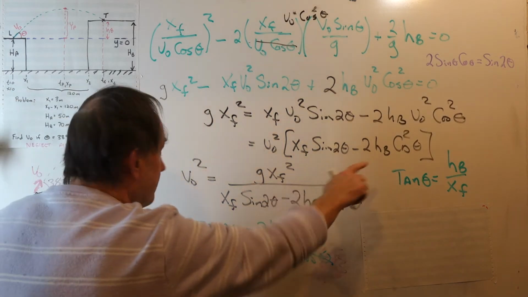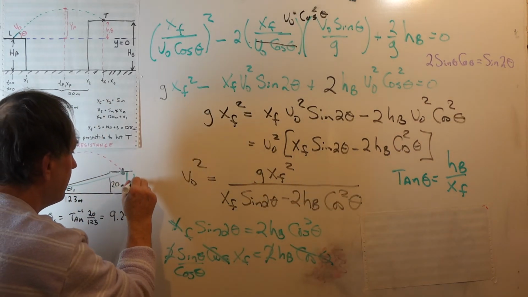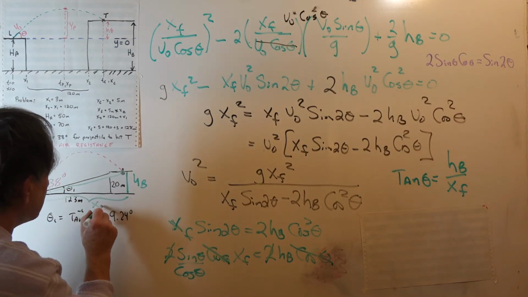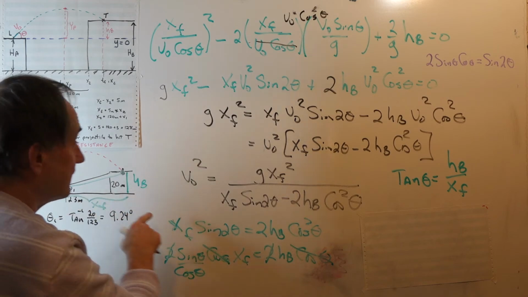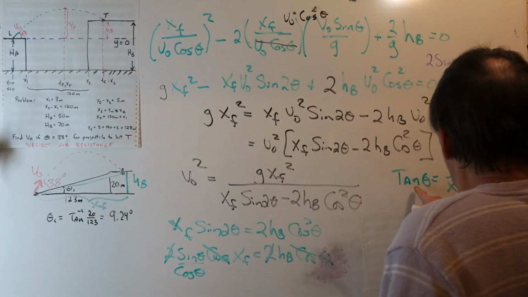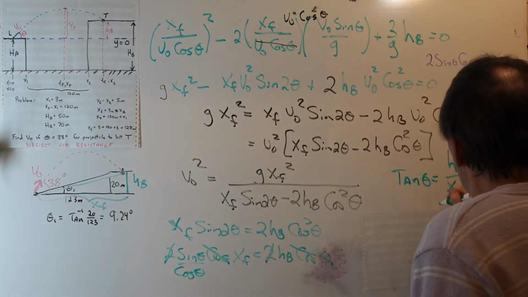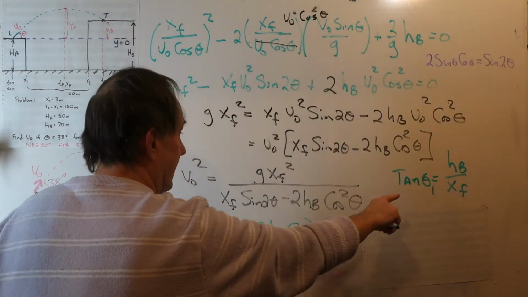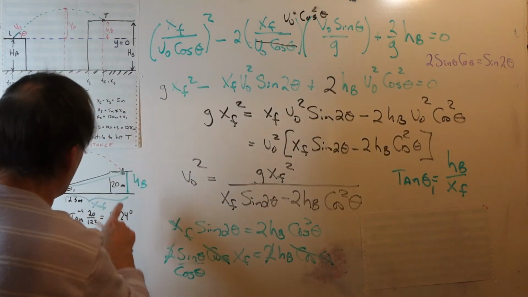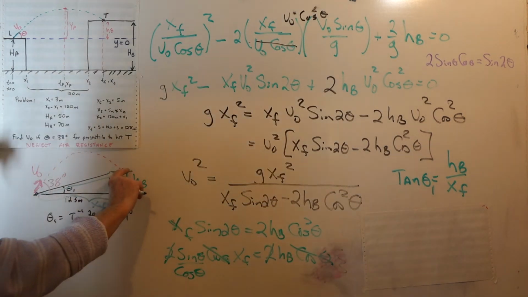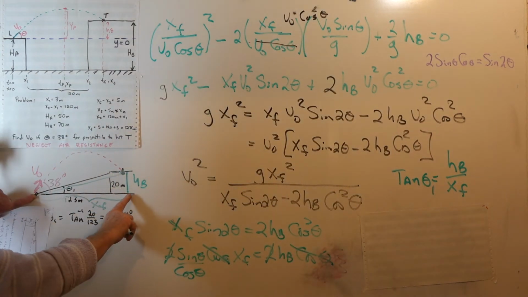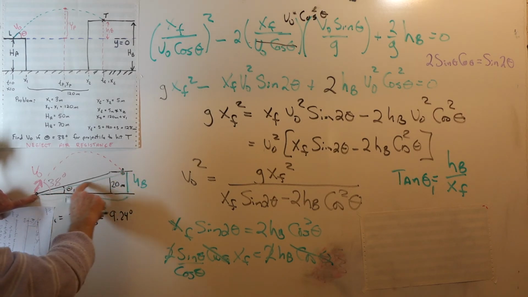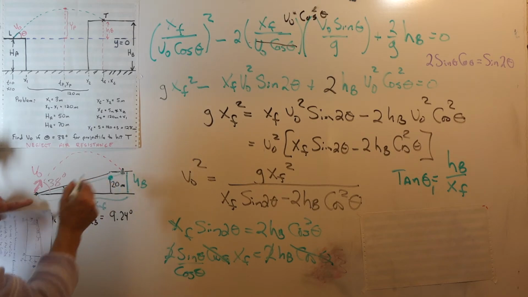Because remember, hb is this height, and xf is this distance. So the tangent of theta, or the angle theta, let's call it theta 1, is going to be that angle such that its tangent is hb over xf, the building height divided by the distance over to the target. And to do that, we'd have to shoot through the building.